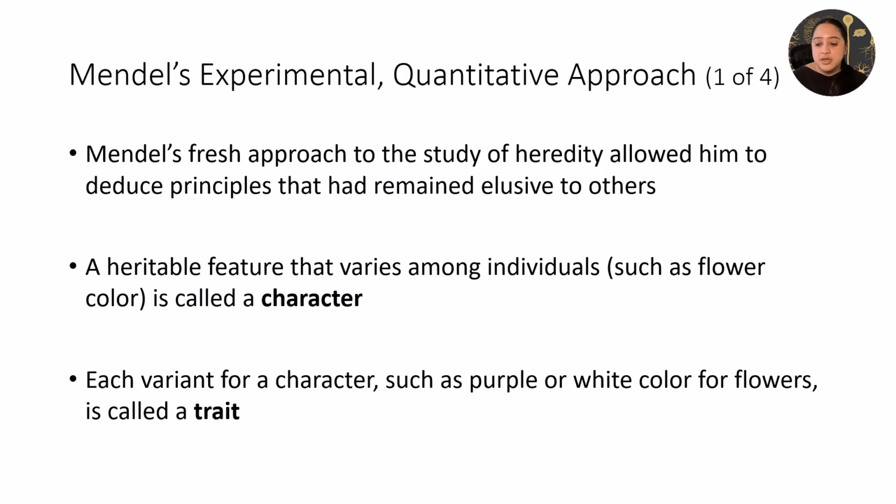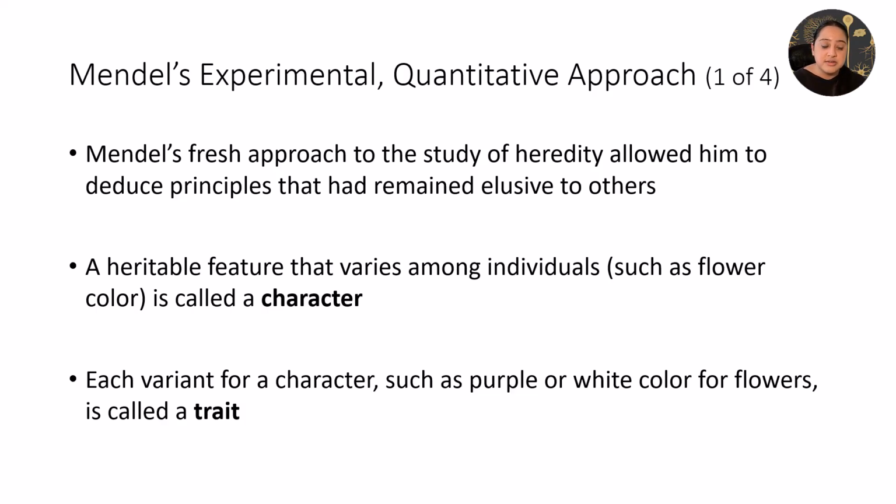Throughout this lecture, we're going to use the term character. The textbook defines this as a heritable feature that varies among individuals, such as flower color. So something that can be inherited, like flower color, can be passed on, right? Hair color, hair texture, we can call that a character.